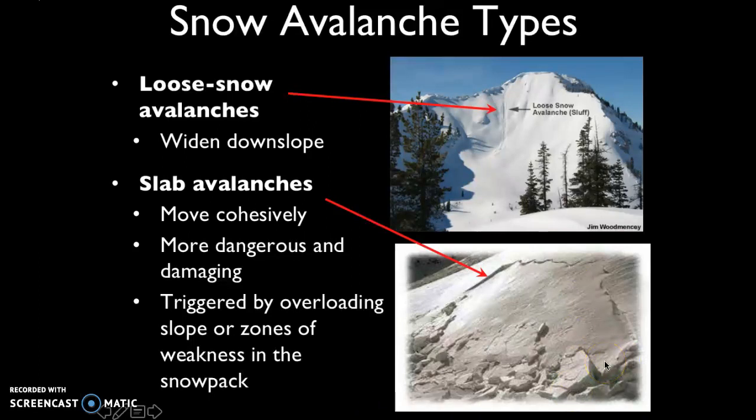And so they can be triggered by the overloading of that slope. So if I have way too much snow on a particular snowfall event on top of snow that fell in previous events, and I just cannot hold any more weight on top of that slope because of the angle of the slope perhaps, then that's going to be too much weight, and it's going to trigger that slope to let go, not have enough strength to hold all that snow, and the snow is going to fall into this flow.